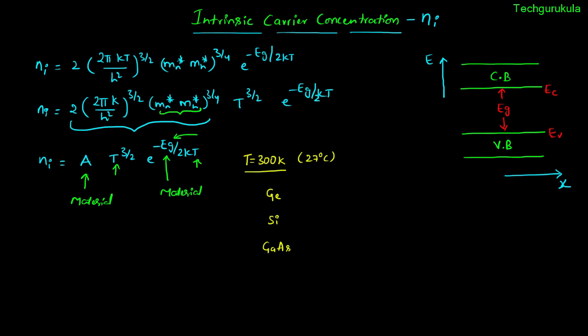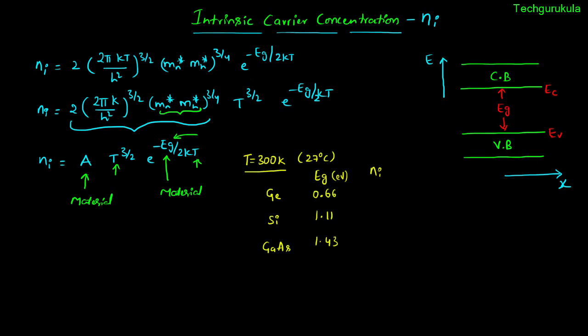For this, I'm just going to write the energy band gap at room temperature and the intrinsic carrier concentration Ni. So for germanium, energy band gap is 0.66 electron volts, where Eg is written in electron volts. For silicon, this is 1.11 electron volts. And for gallium arsenide, this is 1.43 electron volts.